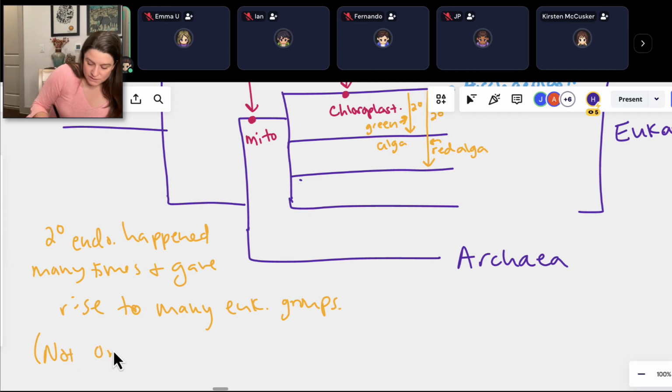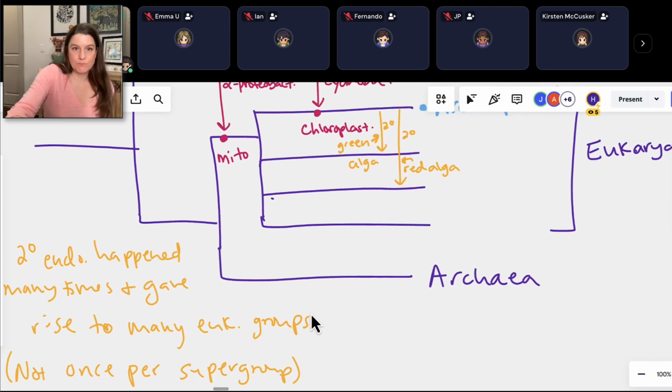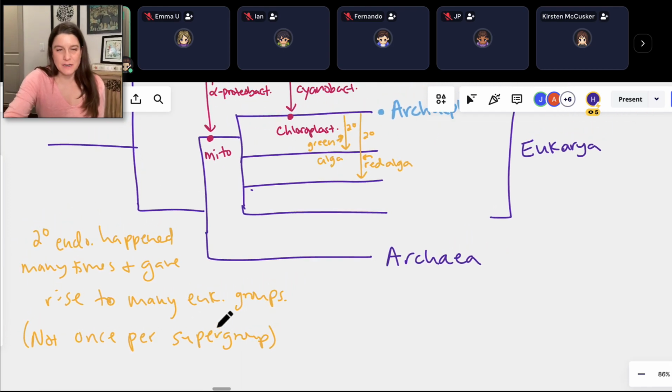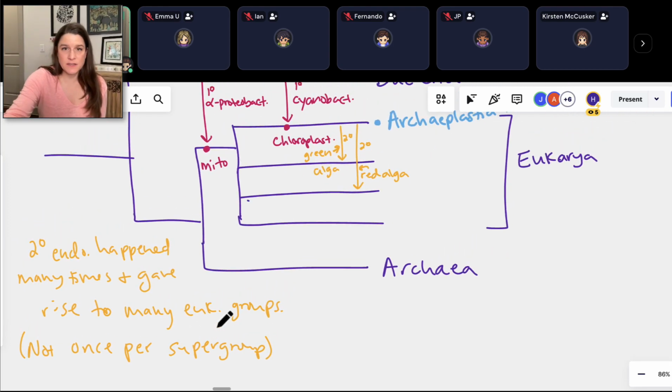It's not once per supergroup, which is what it looks like here. The primaries are once. These other ones are not.